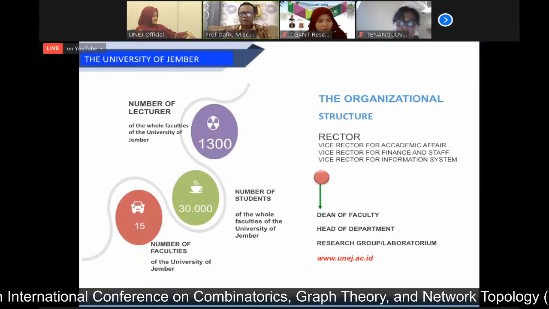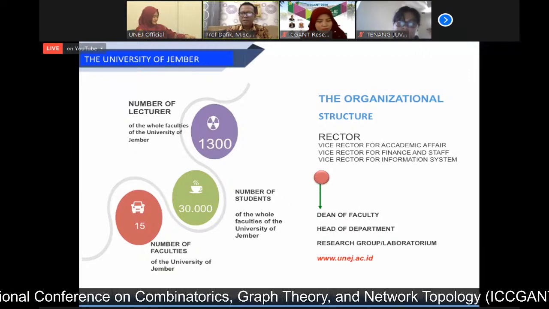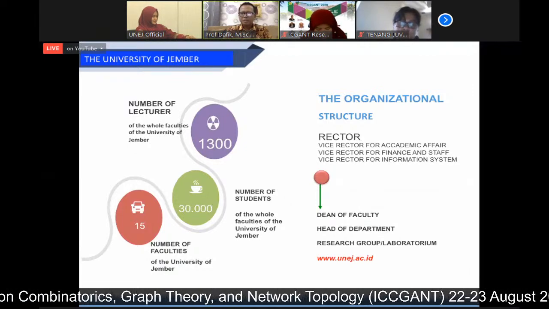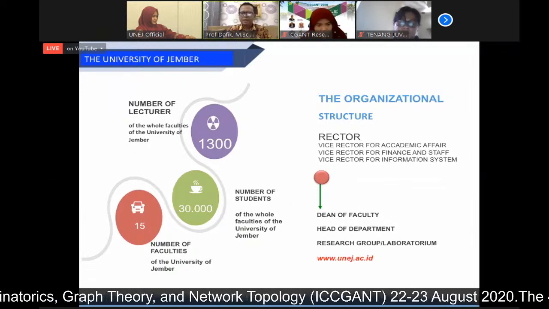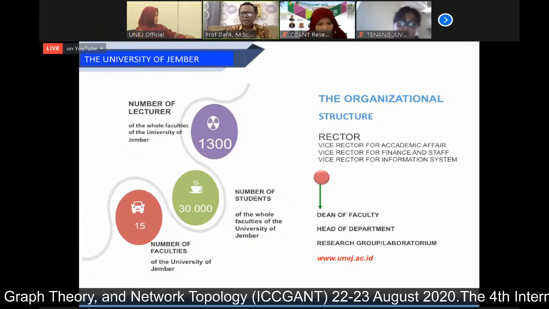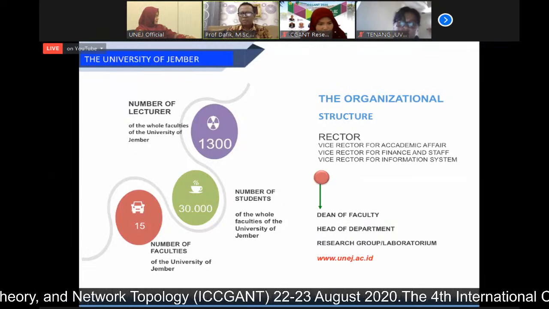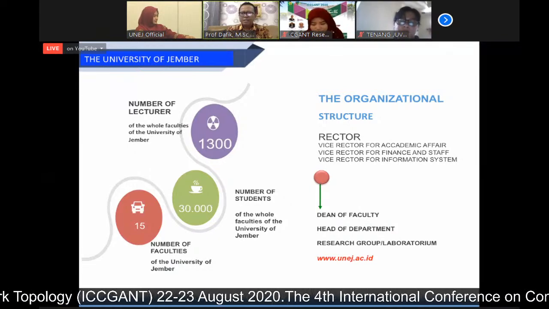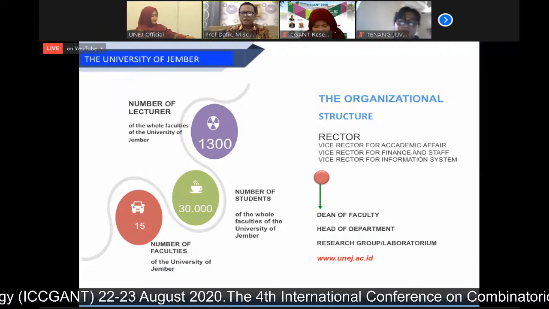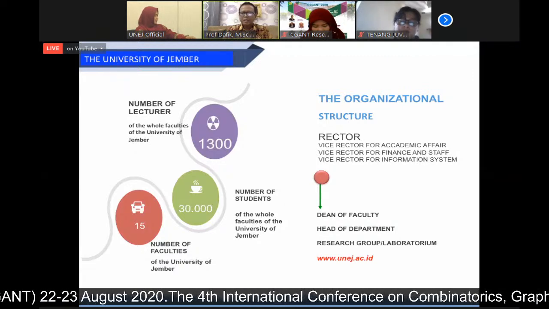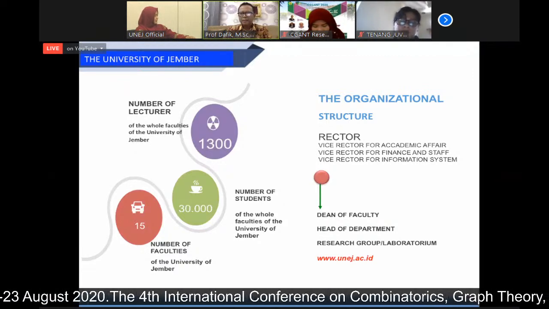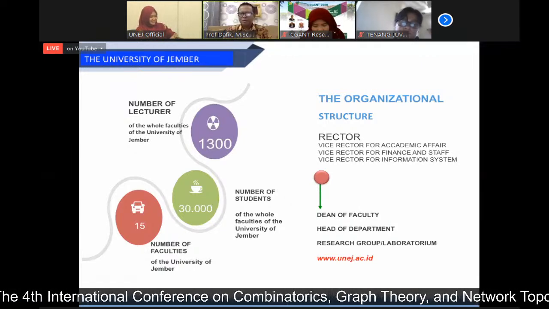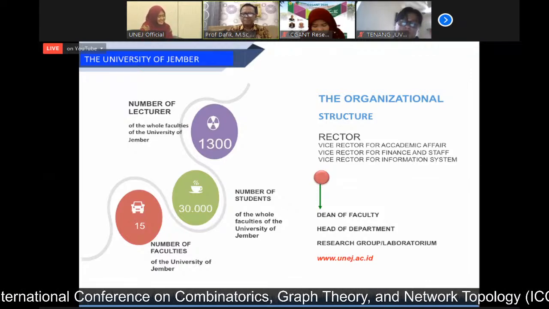ICCGANT is part of the Center of Excellence, a research group at the university level. Now we are organizing the 4th International Conference. From yesterday, we invited 6 plenary speakers. Now I'm the last presenter for the last session of this conference.